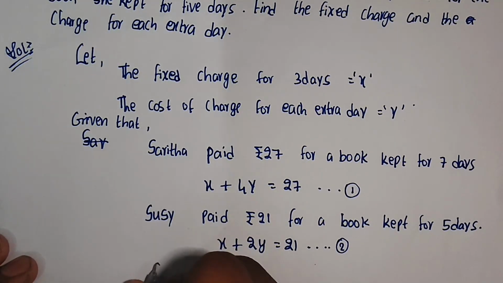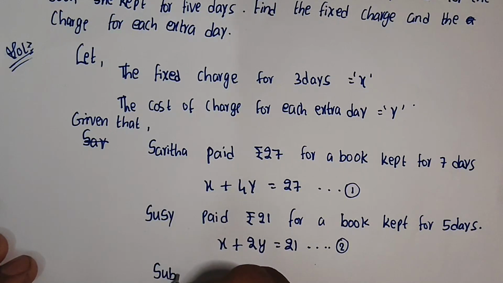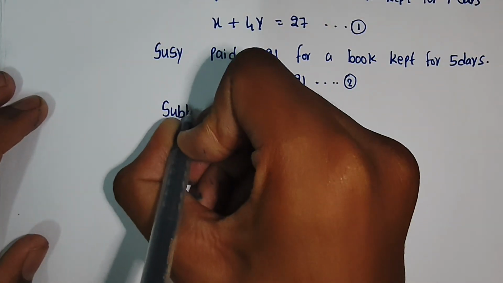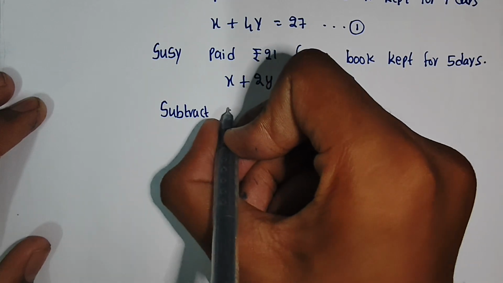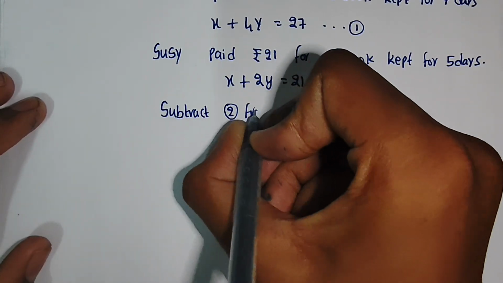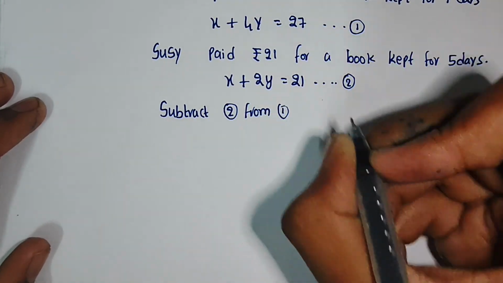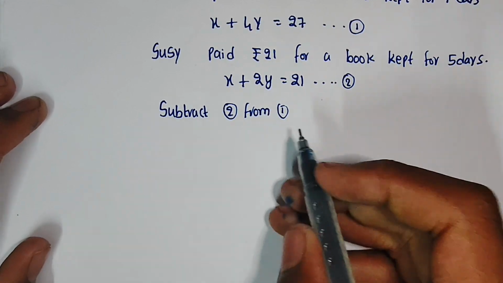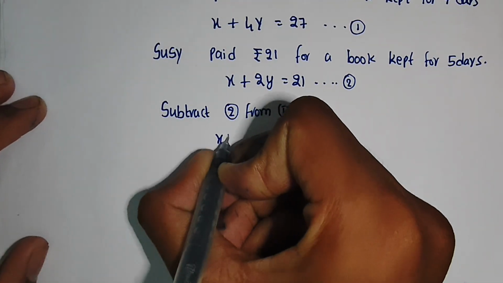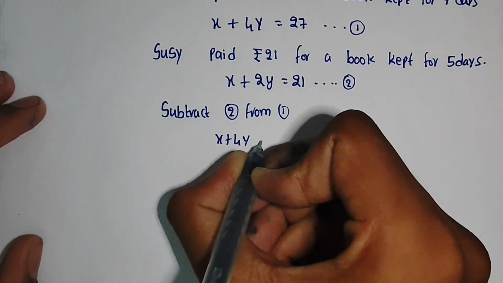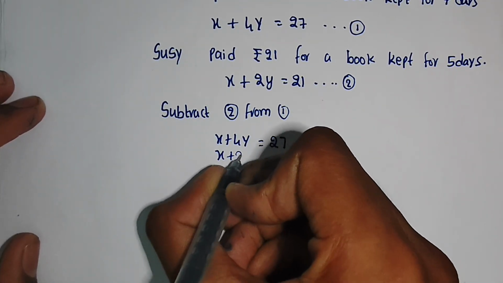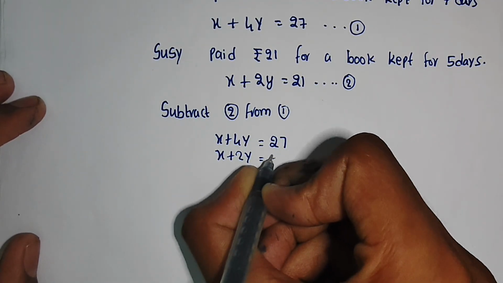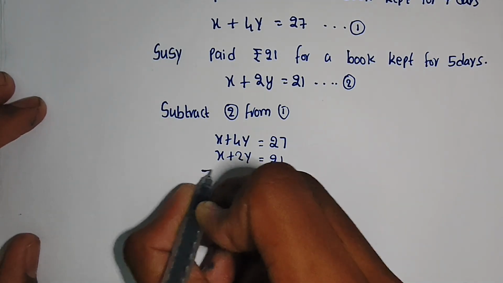Now, subtract equation 2 from equation 1. What is equation 1? x plus 4y equals 27 and x plus 2y equals 21.